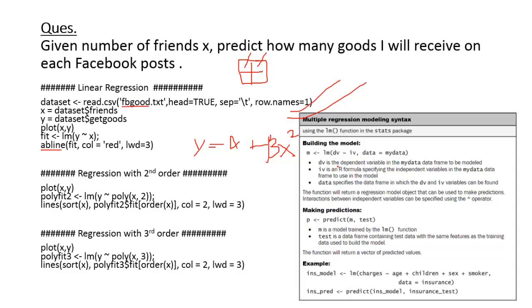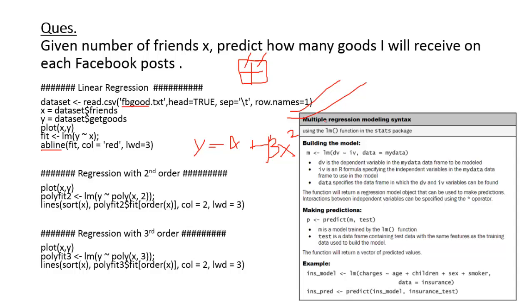If you have the model trained, where m is the model, you can use m with the test data and predict using this model. This is the example, and this is a simple general introduction to the linear regression model.